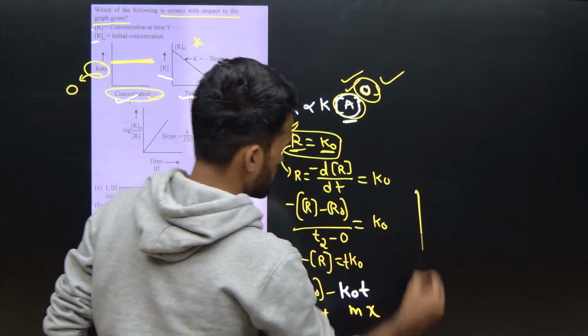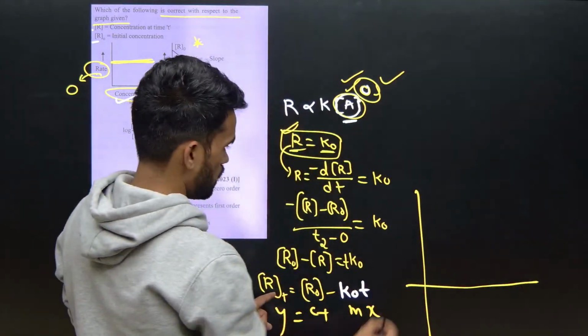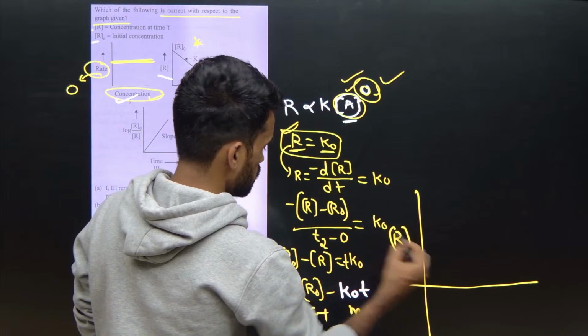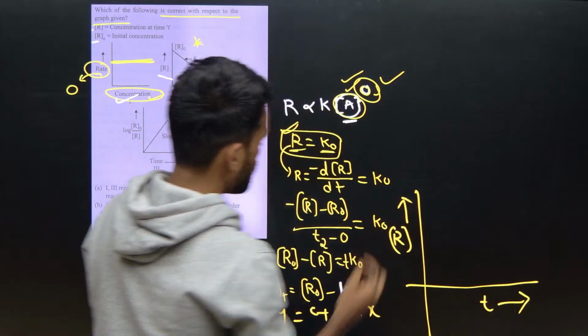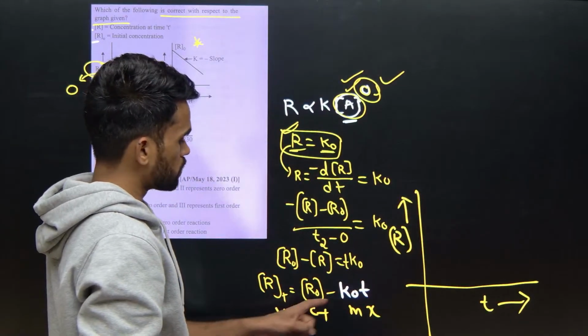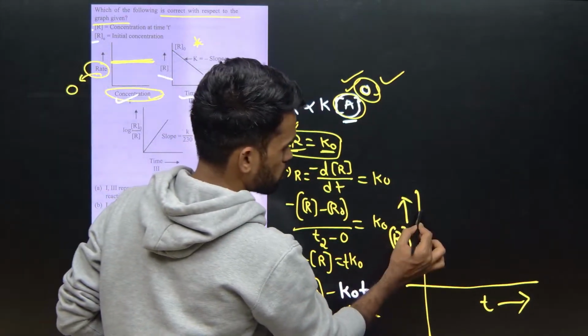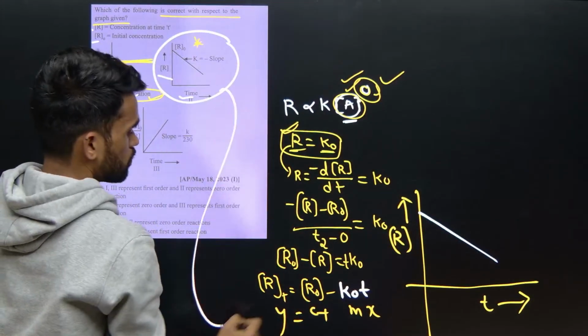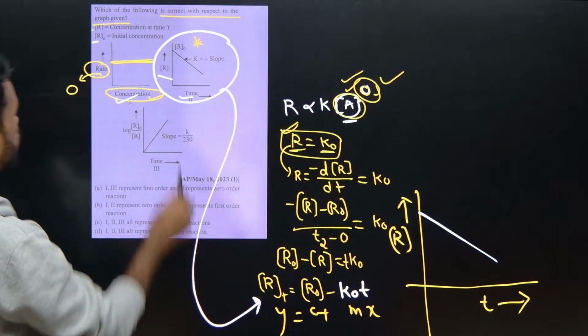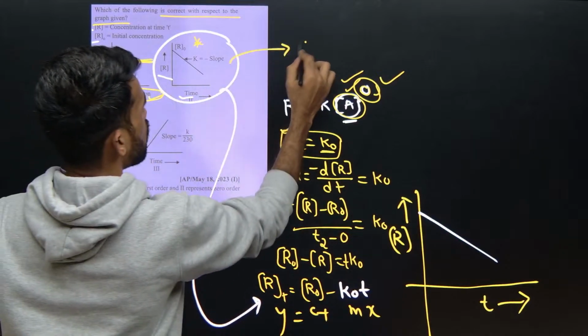So with a negative slope. Here R concentration at time t versus time, so how are they related? With slope negative and intercept positive, it looks like this. So this is the graph for a 0 order reaction. Okay, the first two graphs are for 0 order reaction.